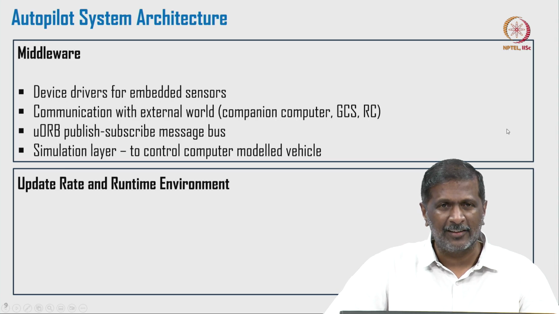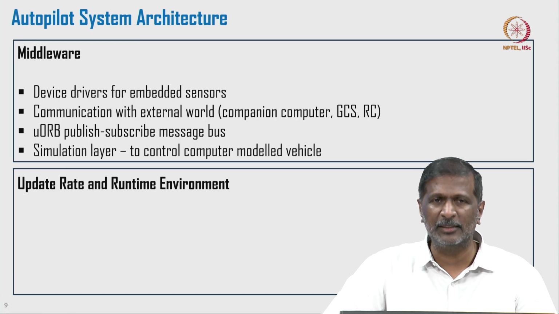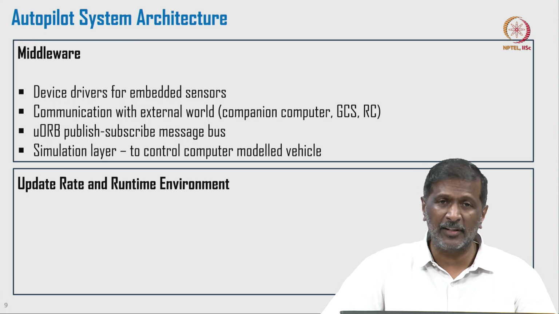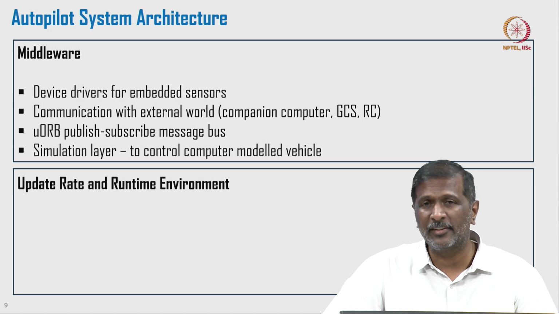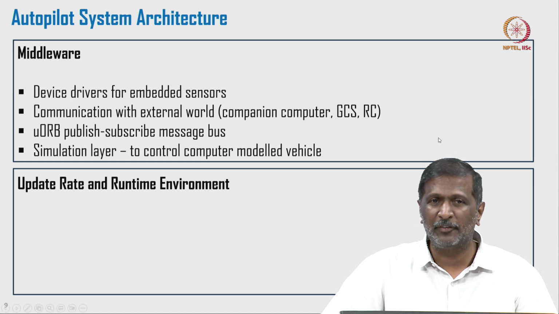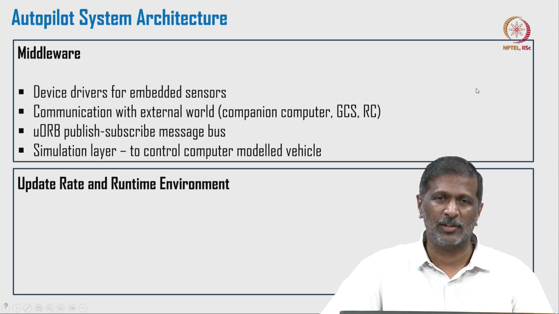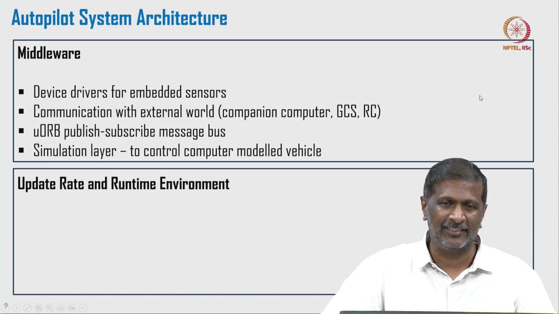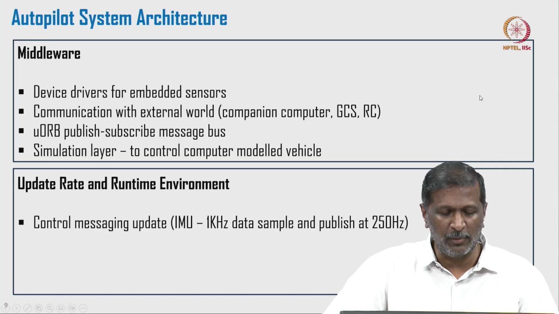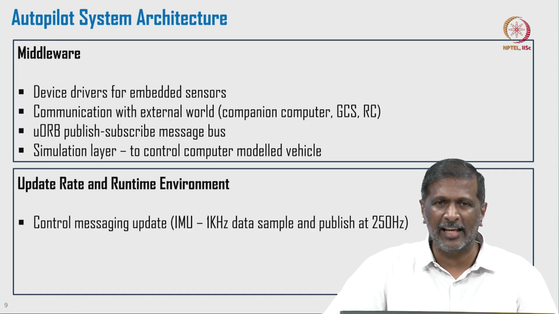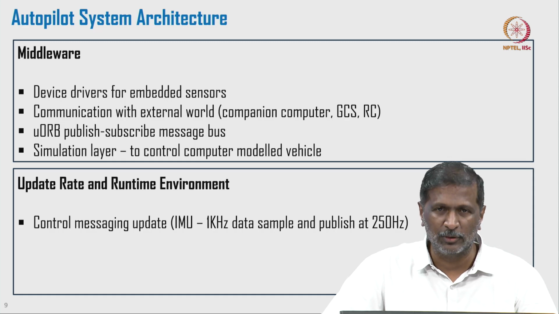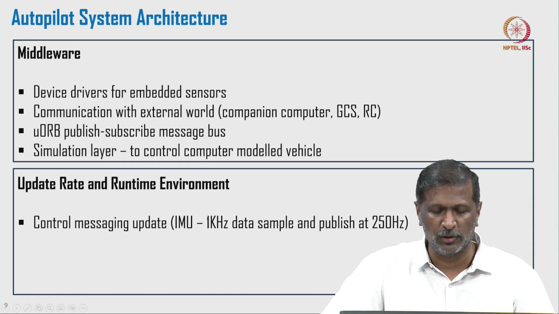If you look at the different systems, different systems run at different rates, right? Different runtime requirements also, right? We need to understand that. Control messaging update, right? Basically I need the attitude loop, the innermost control loop.